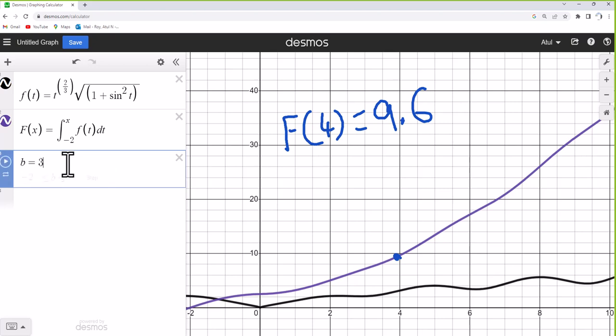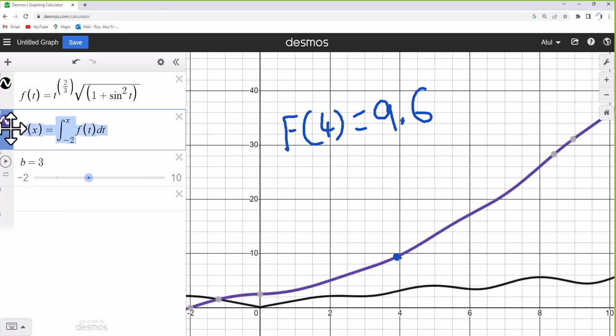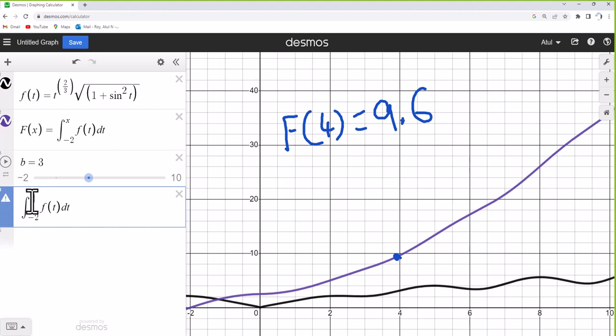We took b as 3, from -2 to 10, and for the step we can take anything, let's take 0.1. Then we can make this point be here.